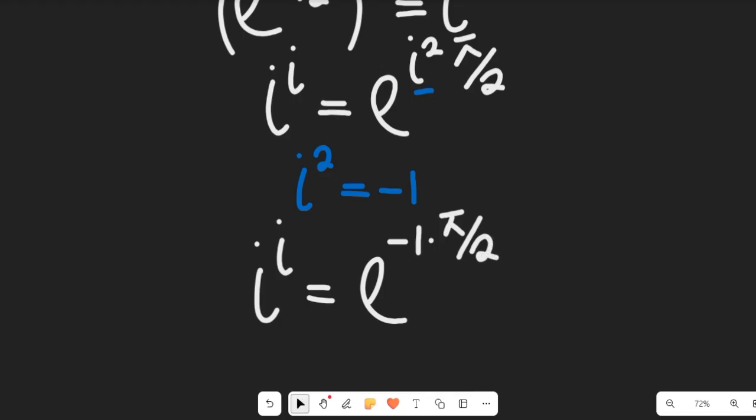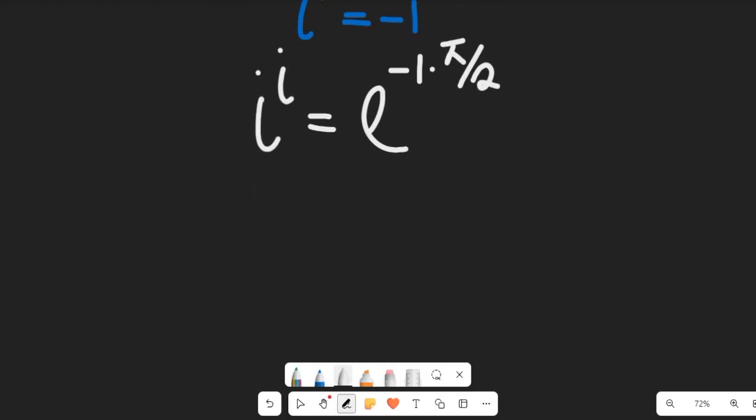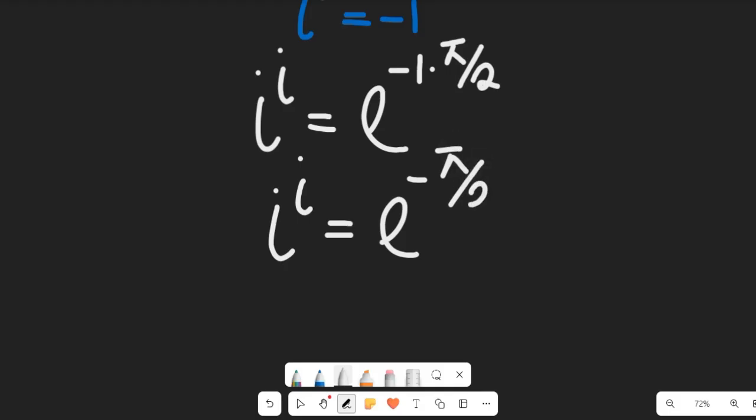And that expression will simply give me the value of i to the power of i to be equal to e to the power of -pi divided by 2. Good.